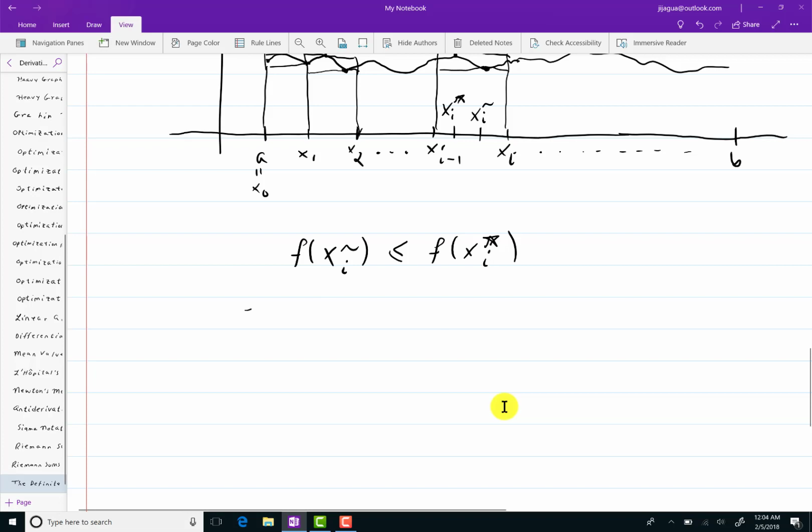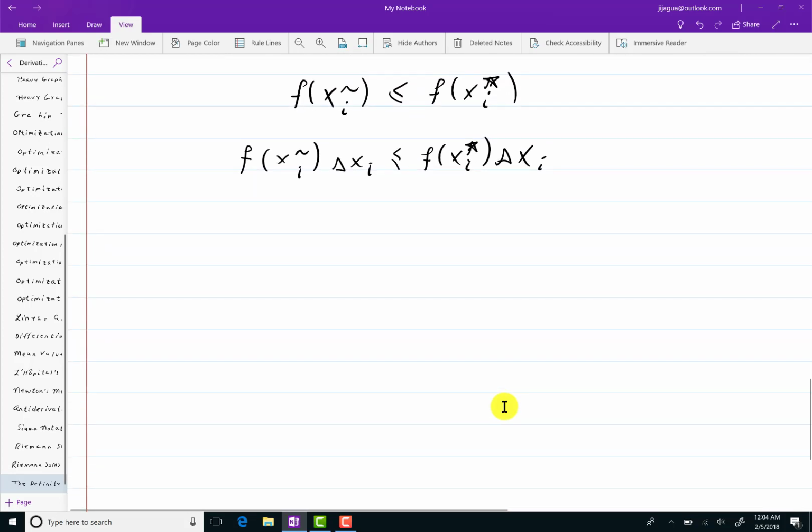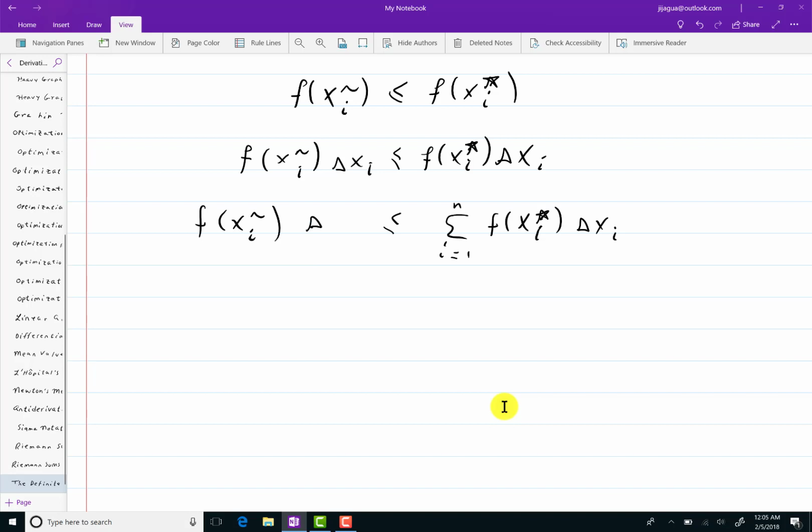So I have f of x sub i squiggle delta x sub i is less than or equal to f of x sub i star delta x sub i. That way, the sum from i equals 1 to n of f of x sub i star delta x sub i is greater than or equal to the sum of f of x sub i squiggle times delta x sub i.